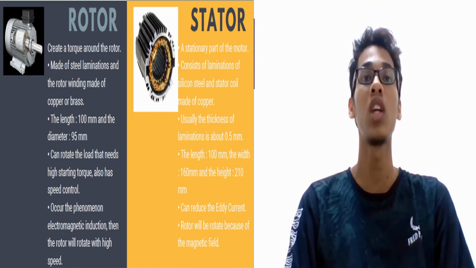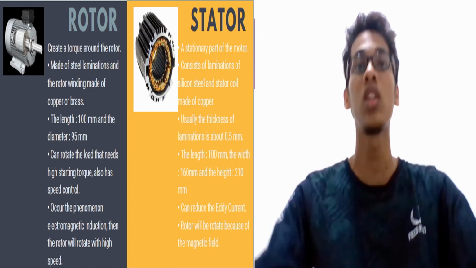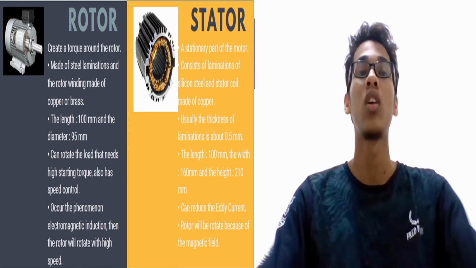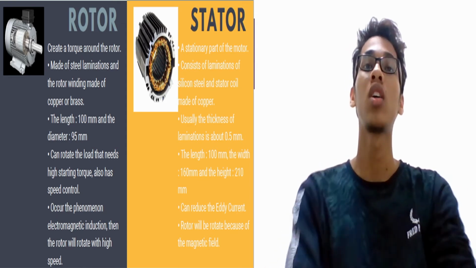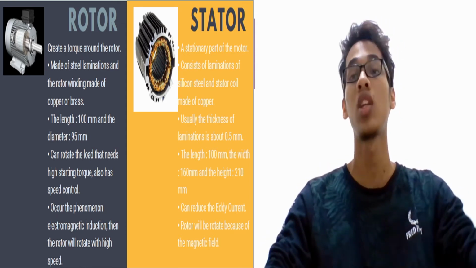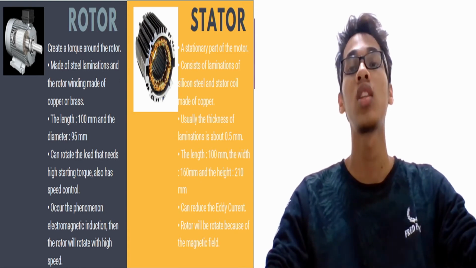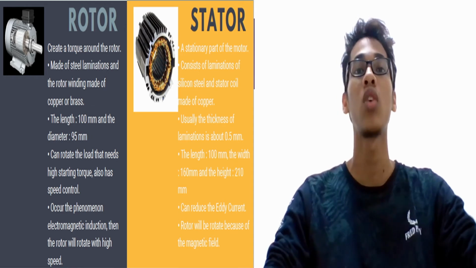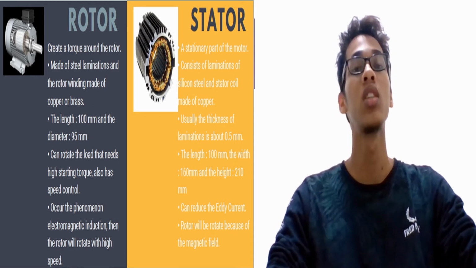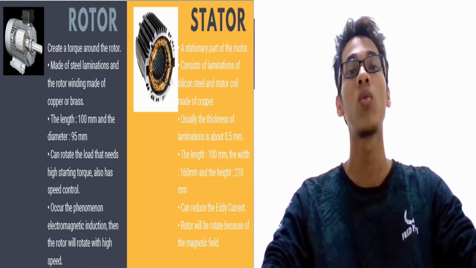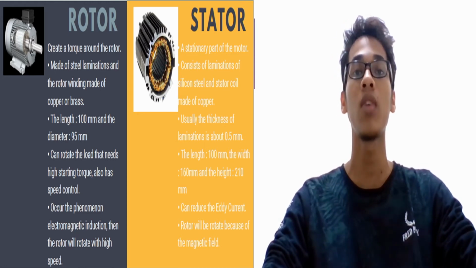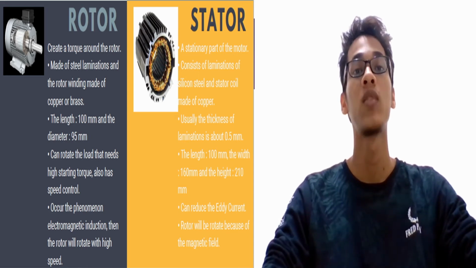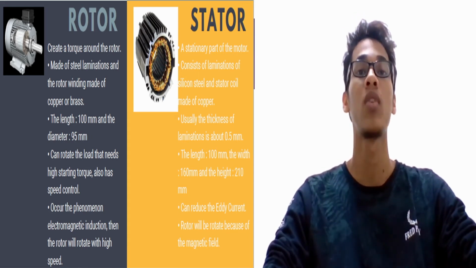For the next part, which is the stator. The stator is the stationary part of the motor. The stator consists of lamination of silicon steel, and the stator coil is made of copper. The thickness of the lamination is around 0.5 mm, its length is 100 mm, its width is 160 mm, and its height is 210 mm.